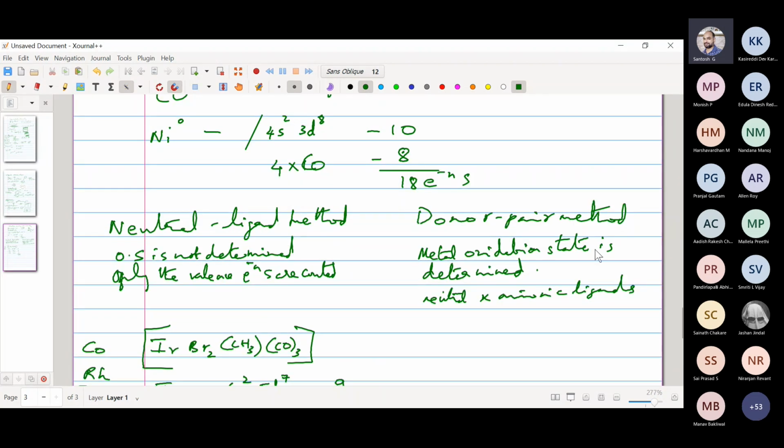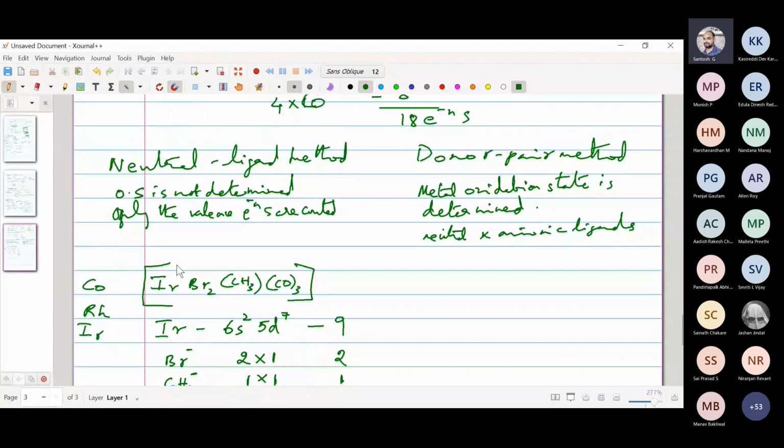In order to do the donor pair method, I have to find the oxidation state of iridium. So how do I find it? You see that the total complex charge is neutral, 0. But it has 3 anionic ligands, 2 bromide and 1 methyl.